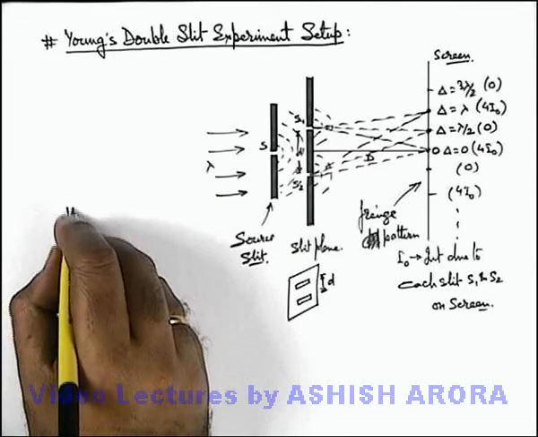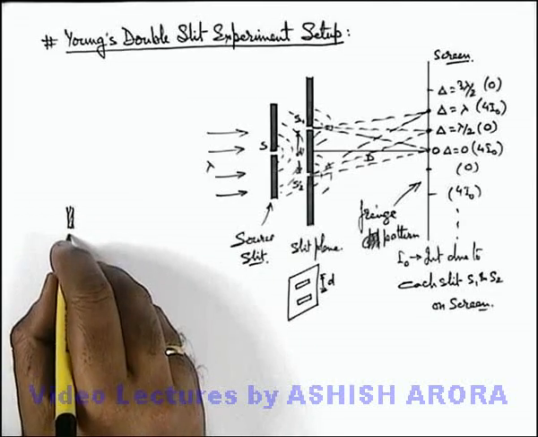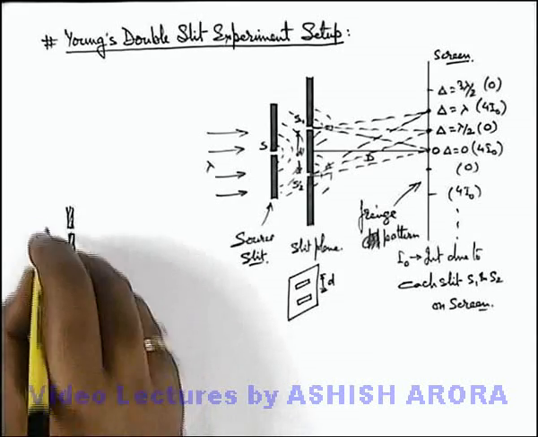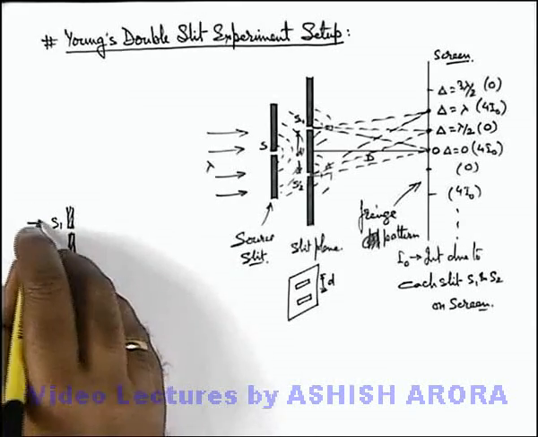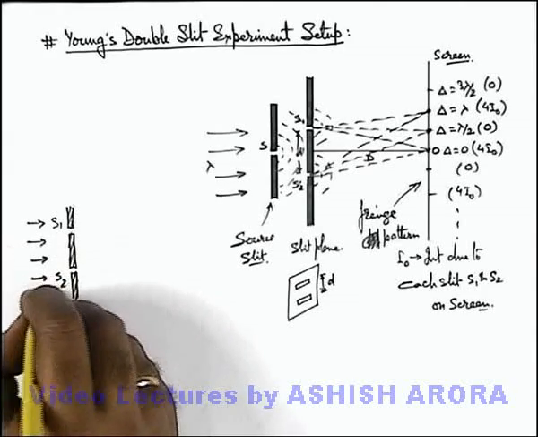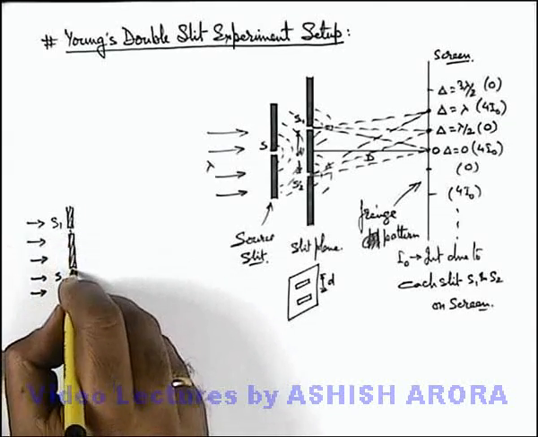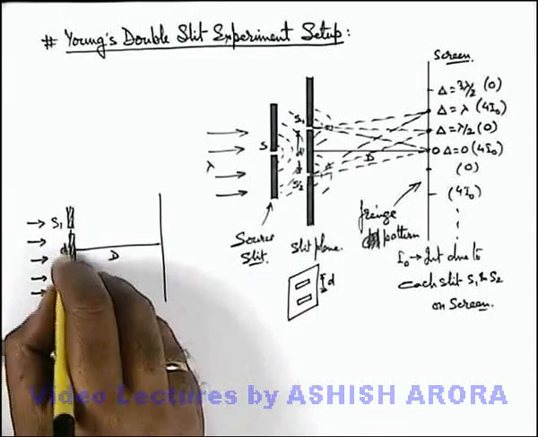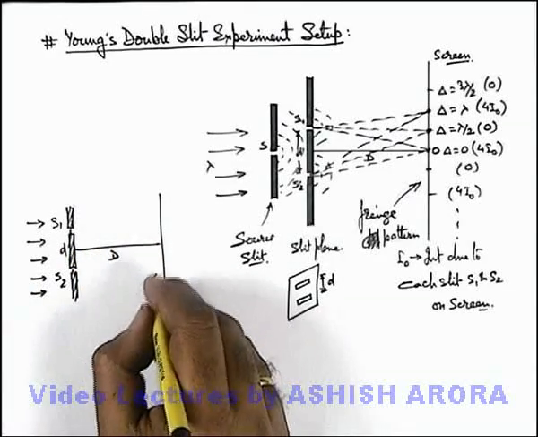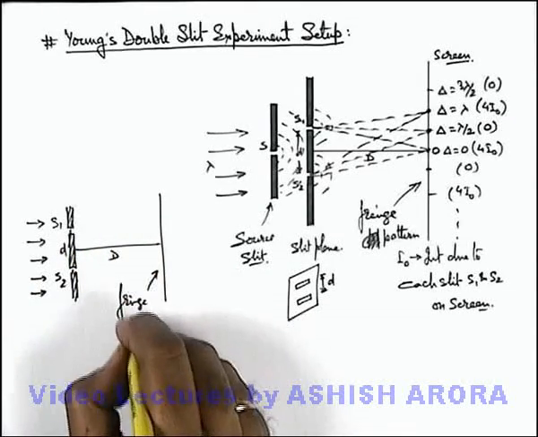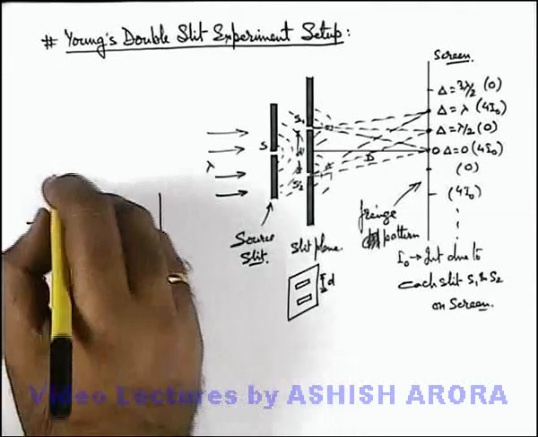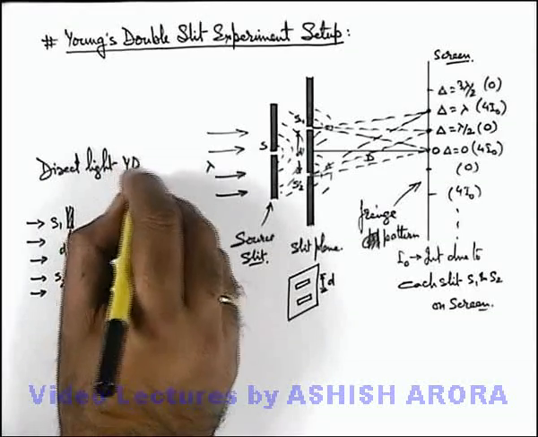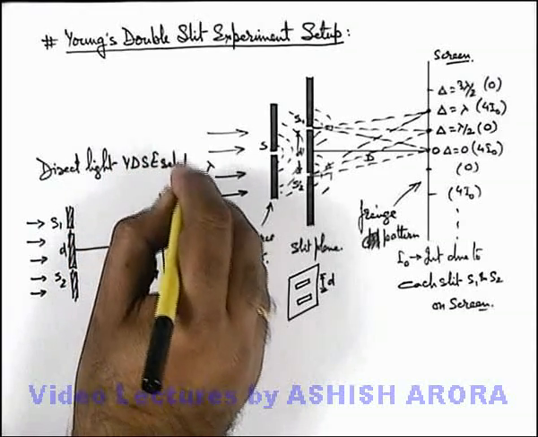But certainly we can develop a direct light YDSE setup in which there are two slits S1 and S2 on which light is directly incident normally, so that the two oscillate in the same phase, and a fringe pattern is obtained on the screen with slit separation small d. Such a setup we call the direct light Young's double slit experiment setup.